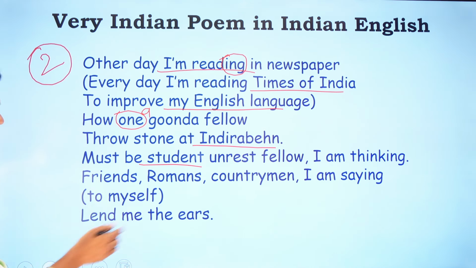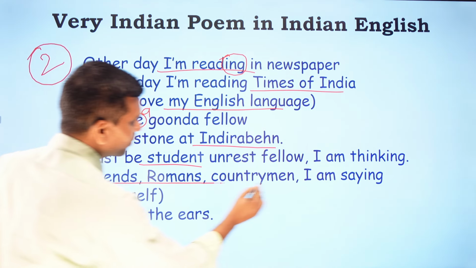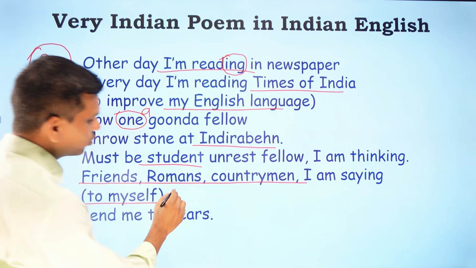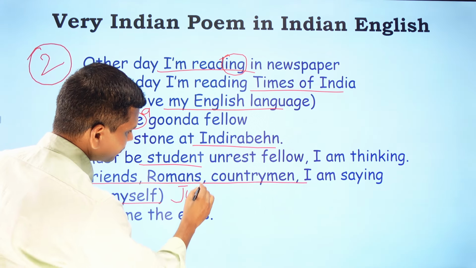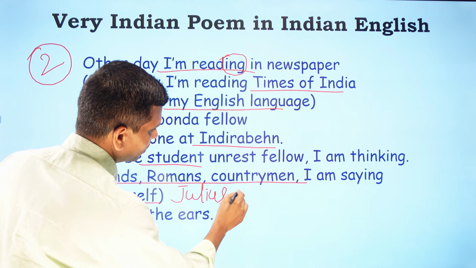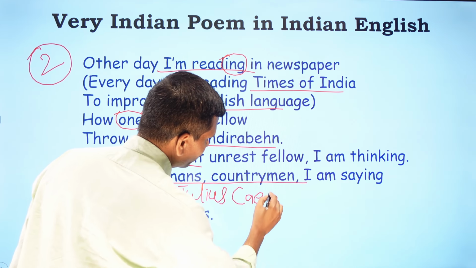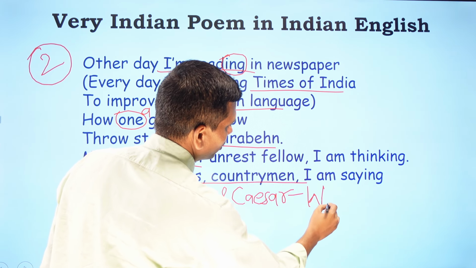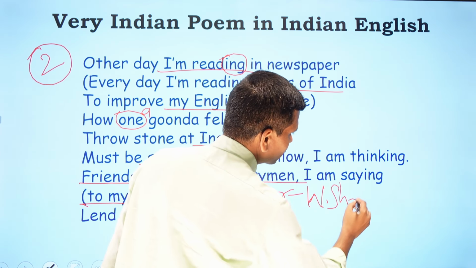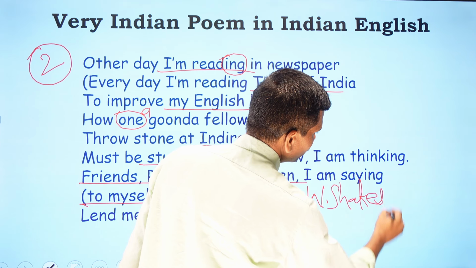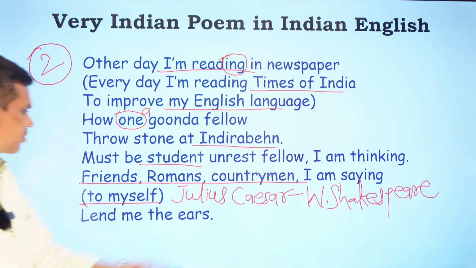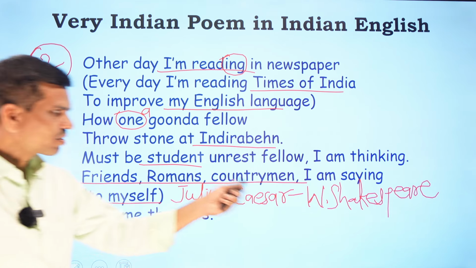And now in the next lines you see, friends, Romans, countrymen, I am saying to myself. Now this reference is direct to Julius Caesar, the play composed by William Shakespeare. These are the words of Caesar, and he says to his fellow countrymen, friends, Romans, countrymen.